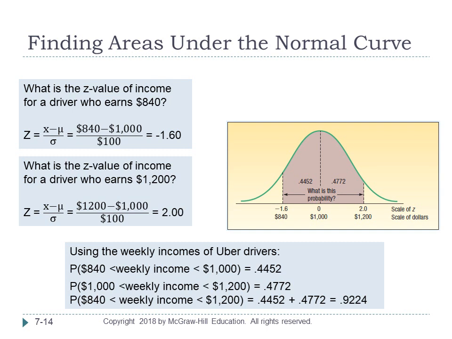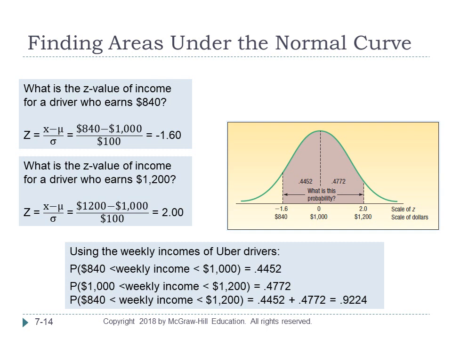We have to break it up into two parts. First, we want the probability that the income is between 1000 and 1200. As far as the z values are concerned, this is the area from 0 to 2, which you can look up in the table easily.